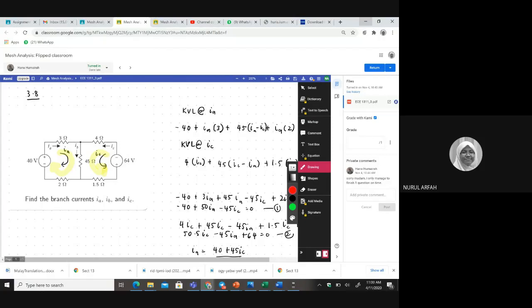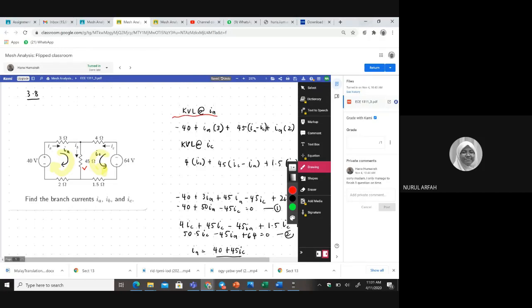Because what you're going to look at for a super mesh is, do you have any current source first? And this current source is in between two loops. But we don't have that. In between two loops here, we have 45 ohms. So there's no super mesh. That's number one. Number two, if there's no super mesh, you're going to find out the KVL.